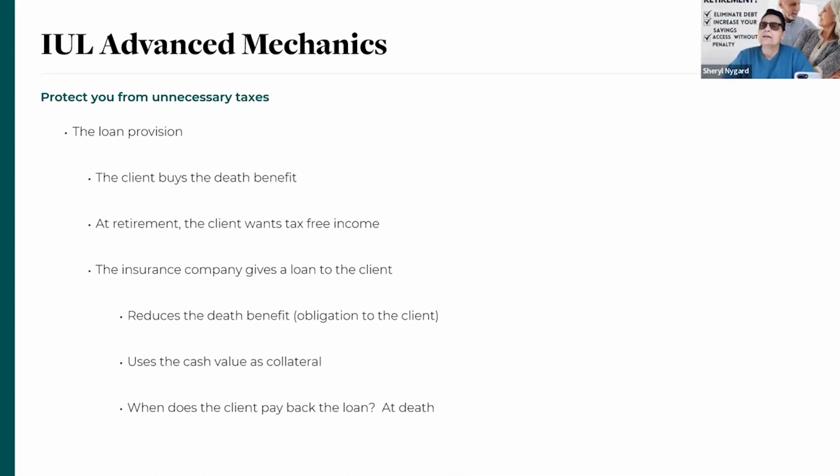How can we tap into that death benefit without cash value? You can't, because they don't have the collateral.